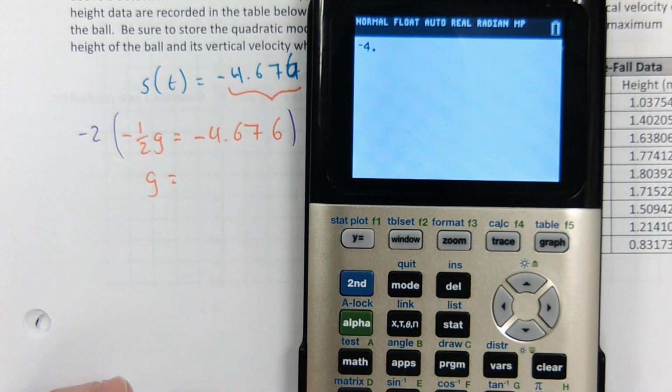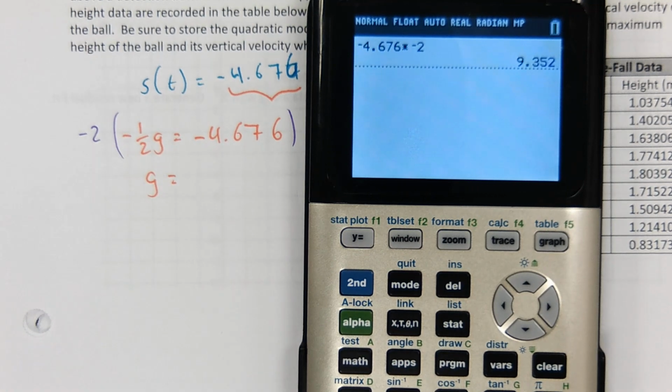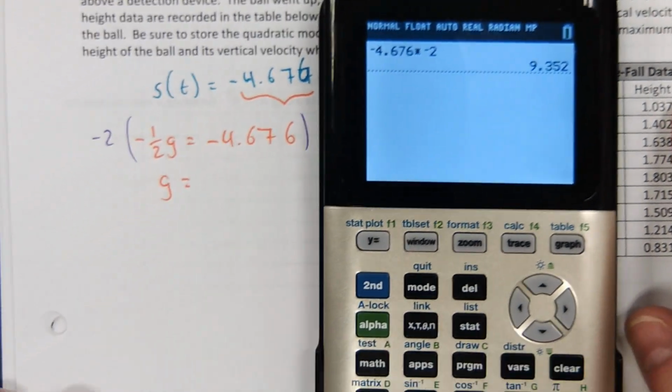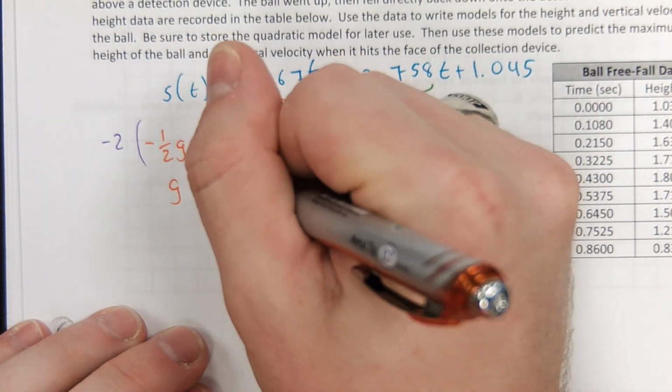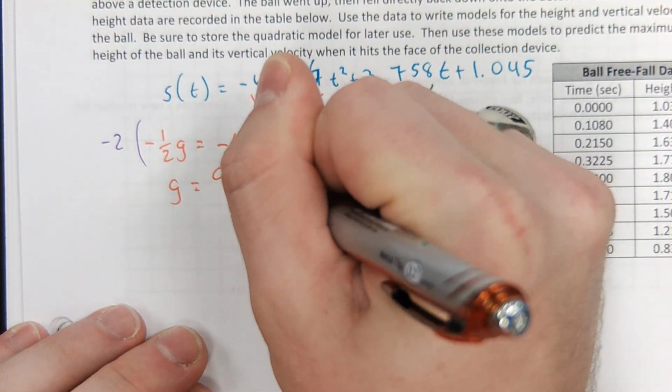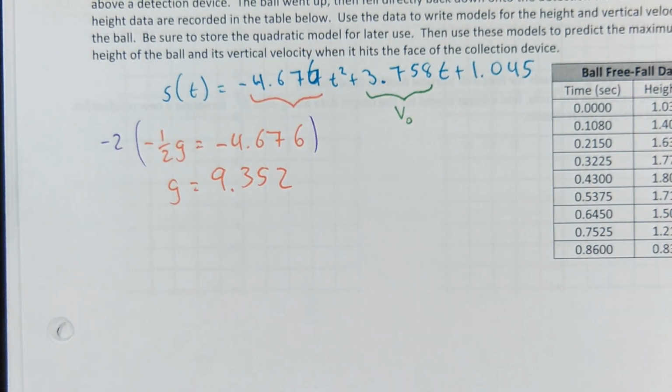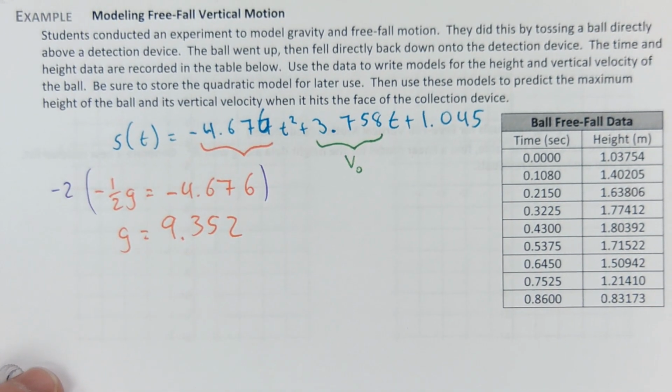Negative 4.676 times negative 2 is about 9.352. And it makes sense. We're doing meters. 9.352. So did it get exactly the 9.8? No, it didn't. But again, wind resistance, air resistance is what caused gravity to be slightly off in our question.